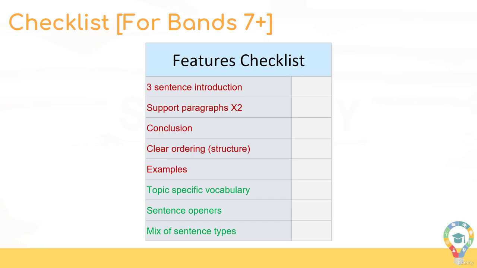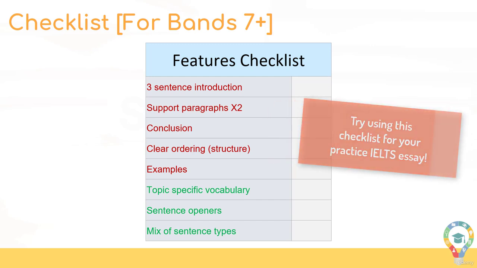Underneath, we have topic-specific vocabulary, and this will highly test your understanding of synonyms. Then we have interesting sentence openers, which will help to organise your writing, and of course, a mix of sentence types.